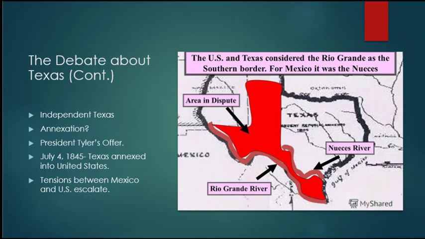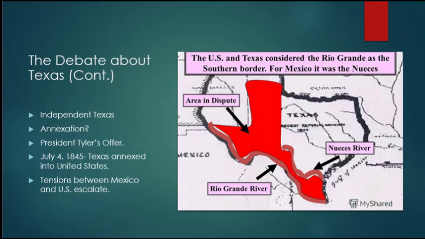He promises that the United States will expand westward and incorporate Texas. But before James K. Polk can take office, John Tyler is able to extend an official offer to Texas to join the United States on March 3rd, 1845, and on July 4th, 1845, Texas accepts the offer and becomes part of the United States.